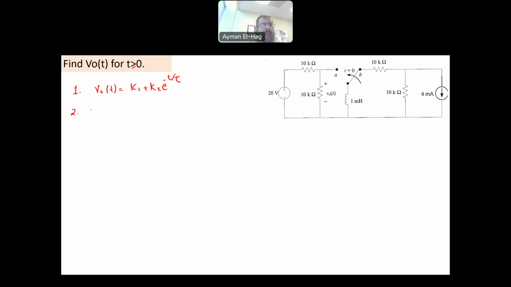Number two, you solve for t less than 0, and you assume that the switch was in that position long enough so that the inductor is fully charged. Now we are interested in finding IL at 0 negative, meaning before we change our switch position. Here we have 4 milliamps, a 10 kilo ohm, another 10 kilo ohm, and the inductor is basically a short circuit because it's fully charged.